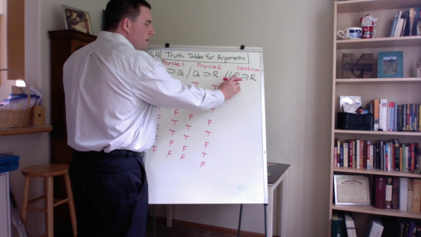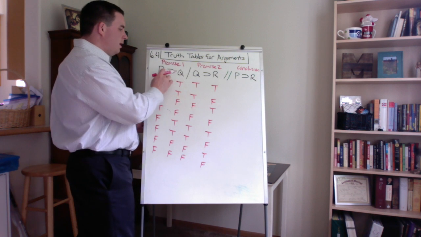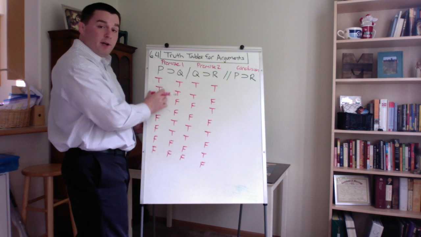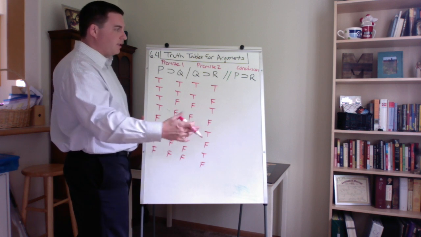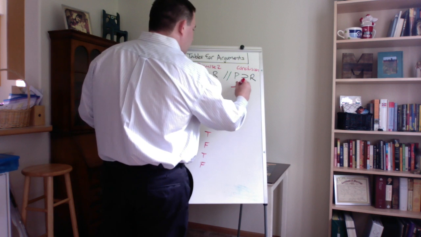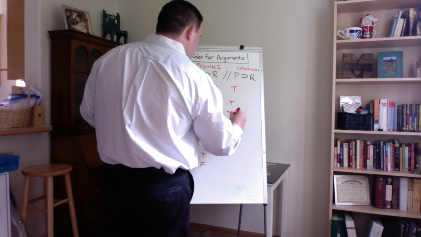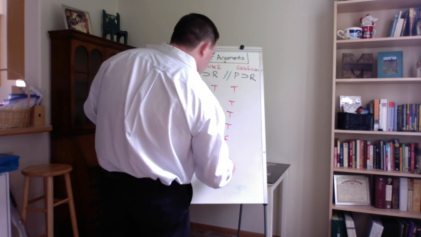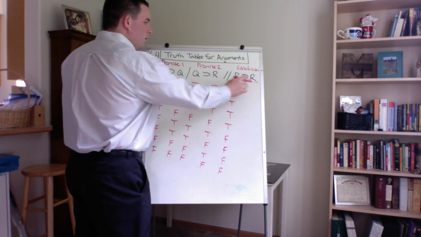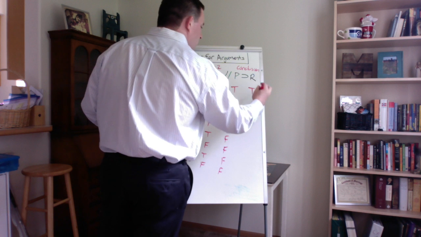Our conclusion, P horseshoe R. We've already inputted truth values for our P, so we just want to put those same truth values in. R, same truth values.